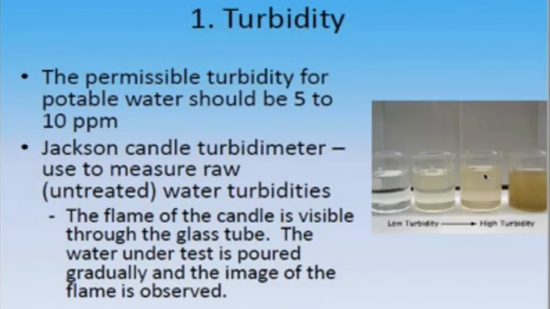According to the Philippine National Standards for Drinking Water, the allowed concentration of turbidity in the water is 5 to 10 ppm. Again, ppm is a unit of concentration, parts per million. The first laboratory instrument used to measure turbidity in water is the Jackson candle turbidimeter.